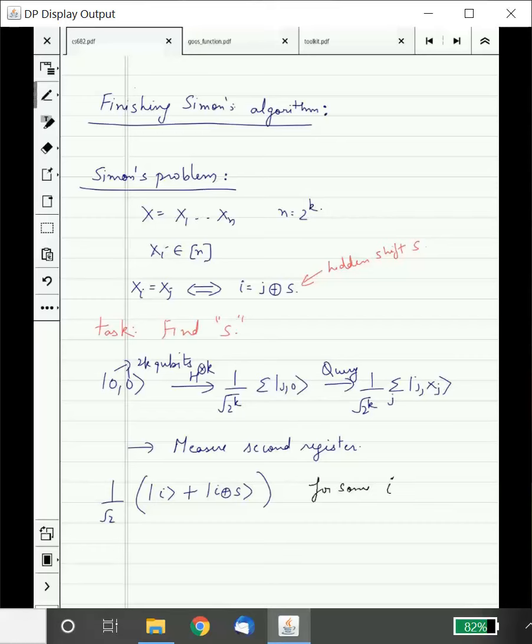And then if I applied Fourier transform and measured the first register, or the only register left, in that case I get an L uniformly at random. That means each possible L I will get with equal probability. But what did this L satisfy? It was perpendicular to the hidden shift s.